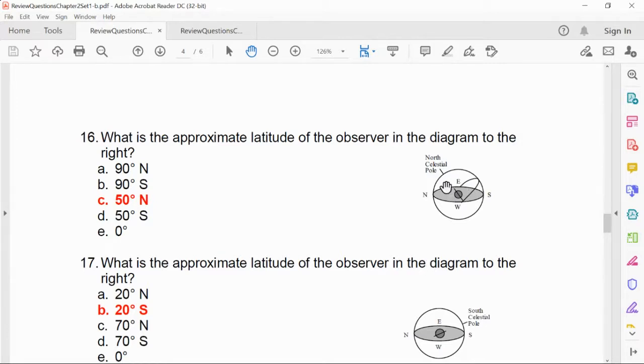Now if you want to look at your latitude, the latitude is always measured as the angle between the North Celestial Pole and the north on your horizon. So if you look at this angle here, it's not 90 degrees and it's not 0. It's above the middle, so probably about 50, but we say 50 north because it's measured relative to the north on the horizon and the North Celestial Pole.